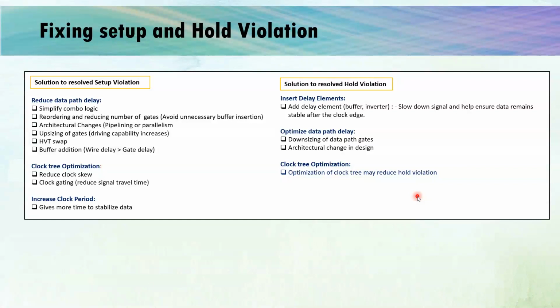It also tells the tool or the designer if some setup or hold violation is failing. Failing to meet the requirements can result in data corruption or incorrect operation in your digital circuit. A setup violation can lead to metastability, while a hold violation can result in data being misread at the clock edge.